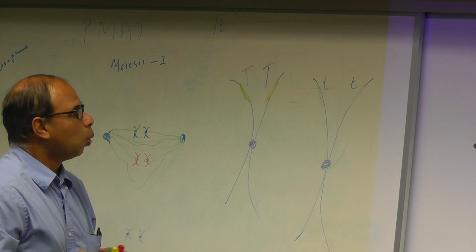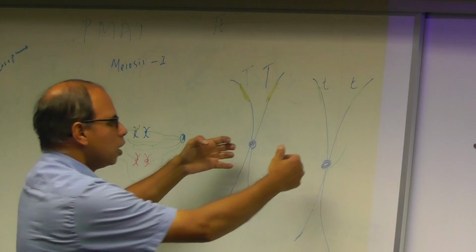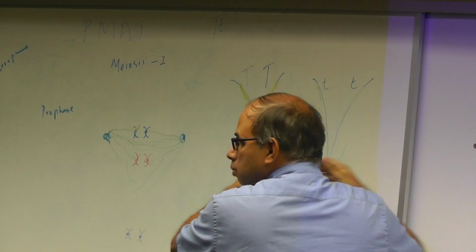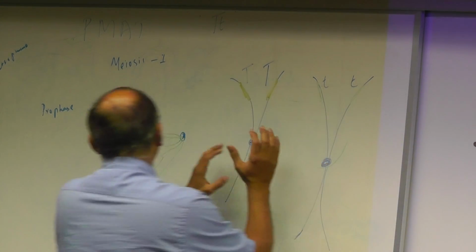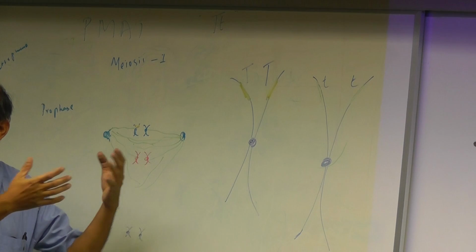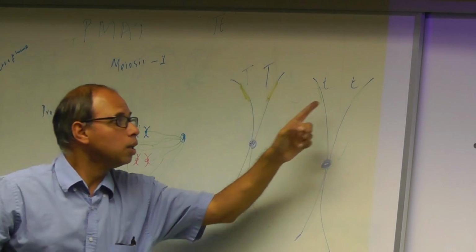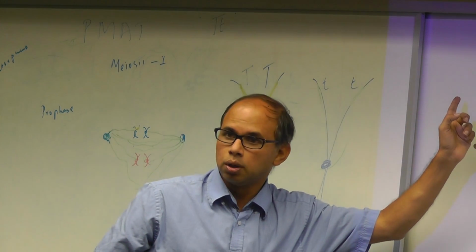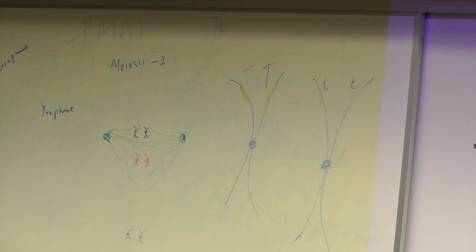And now, what is happening? They are being pulled away from each other, right? So, one side which has 1, 2, 3 will have this one, but the other side will have the other one, right? So now the two cells are suddenly different.